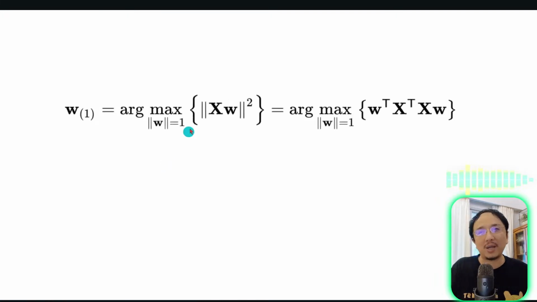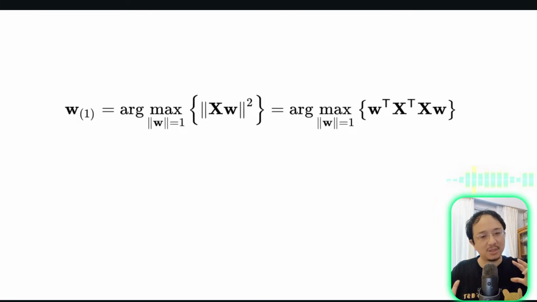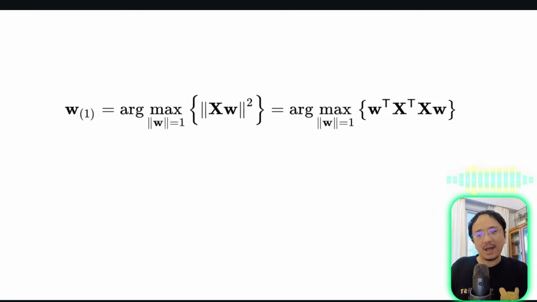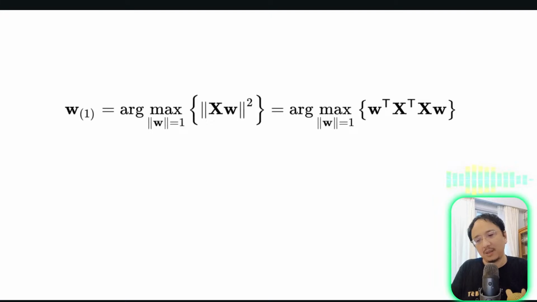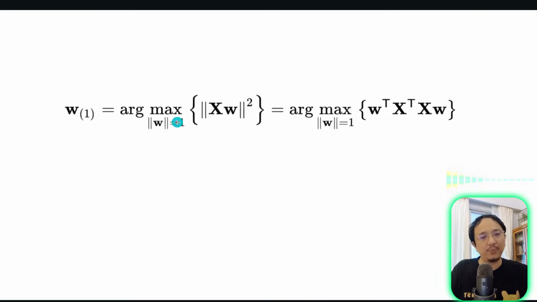In order to see which dimension is the most variant, has the most difference, we simply pick every x and we run through all the directions. The norm of w equals 1 means it is a unit vector.